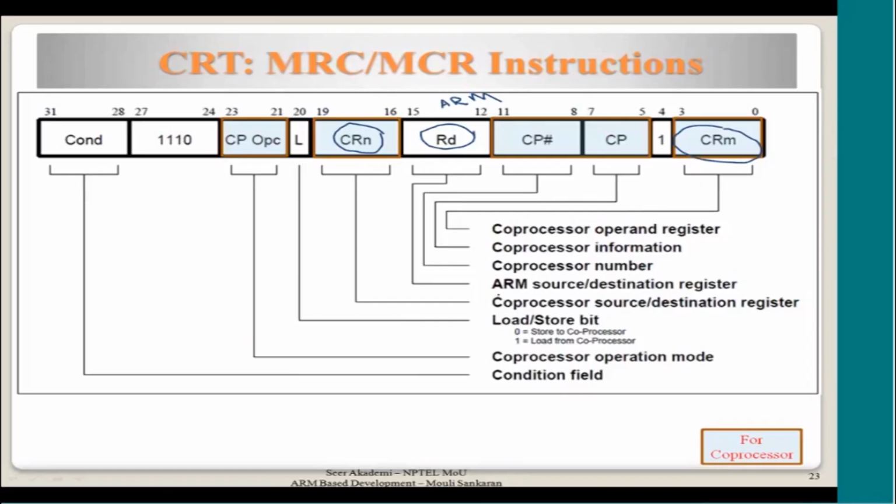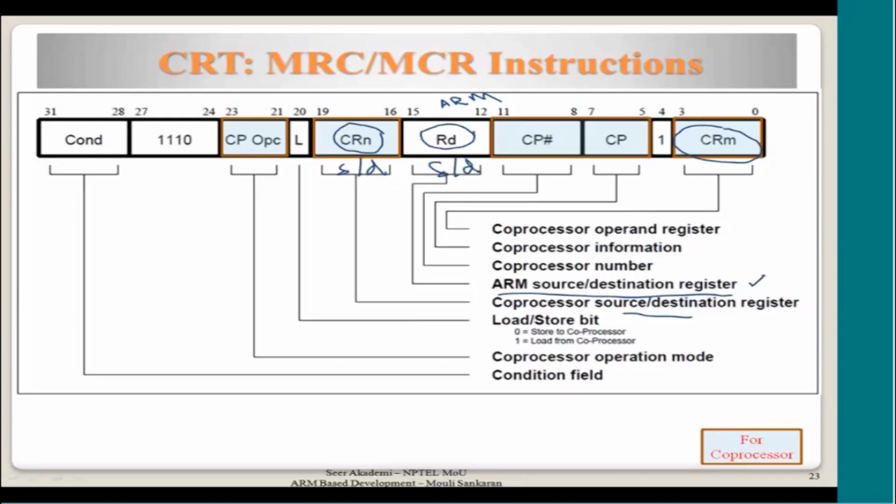Rd is given, but that doesn't mean it is only a destination register. It is also a source register. Similarly, the coprocessor register is a source or destination. So the transfer can be between coprocessor and ARM or ARM and coprocessor.